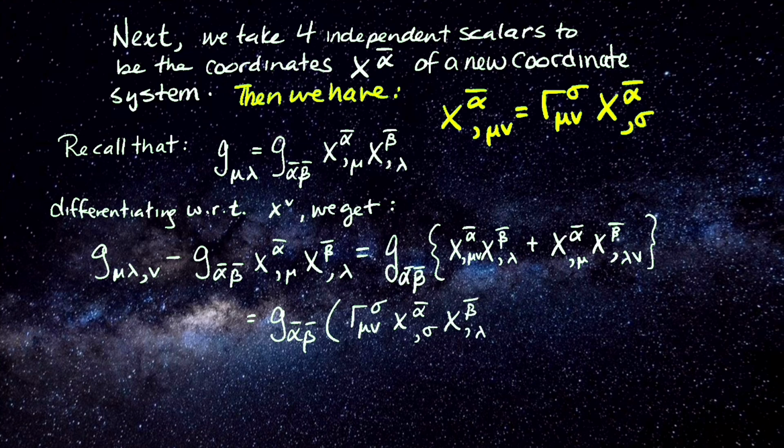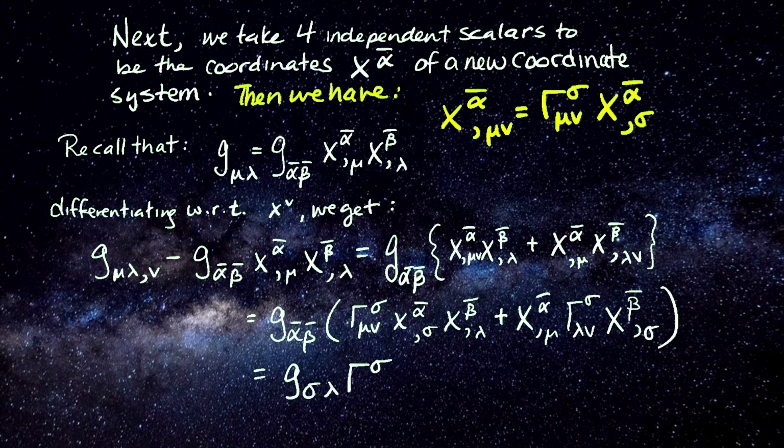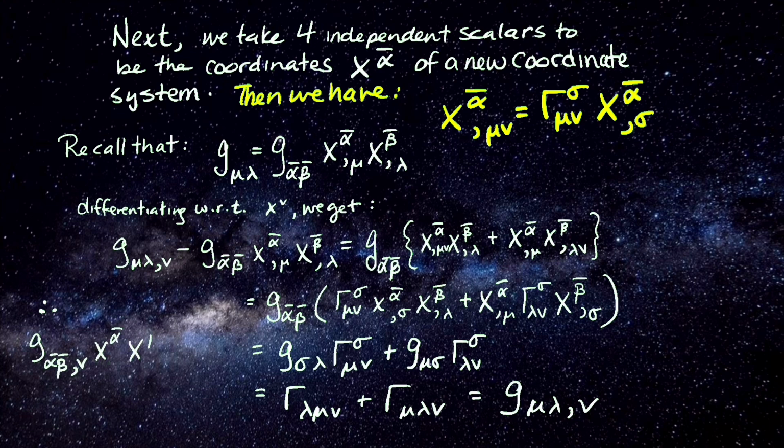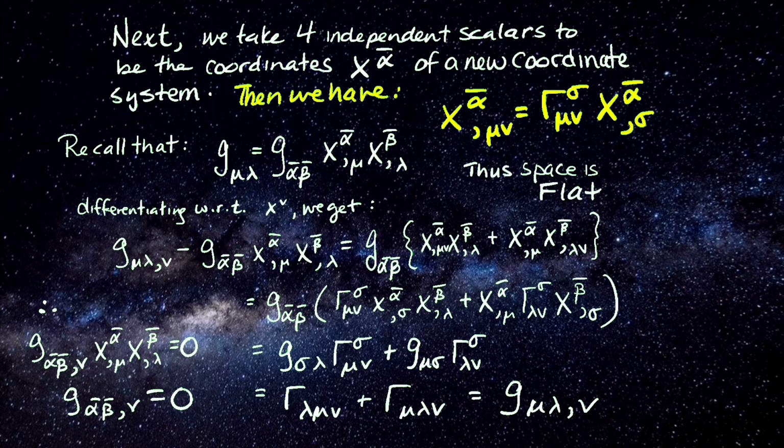Rewriting things in terms of our Christoffel symbols, and simplifying our results here, we get the following result. Thus this quantity equals 0, thus the derivative of this metric is 0, i.e. space is flat. The metric is constant.